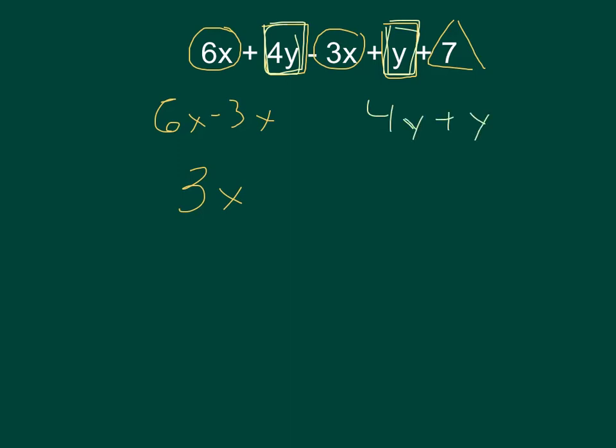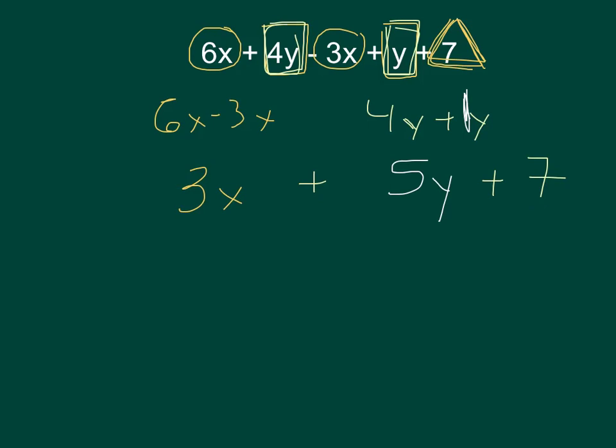I remember that little hidden one, so I want to add it right there to give me a total of 5y. And then I also see that I have my constant of 7. I don't need to add or subtract anything with it. So I'm going to add all these together, and my final answer is 3x plus 5y plus 7.